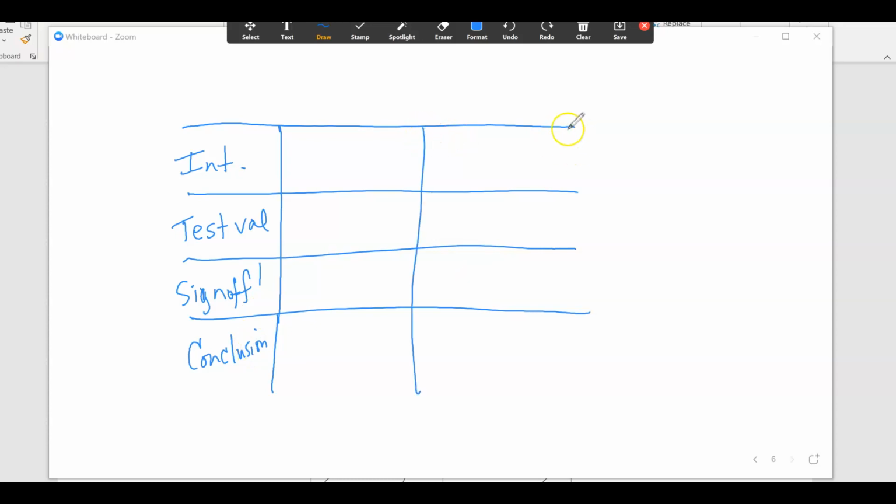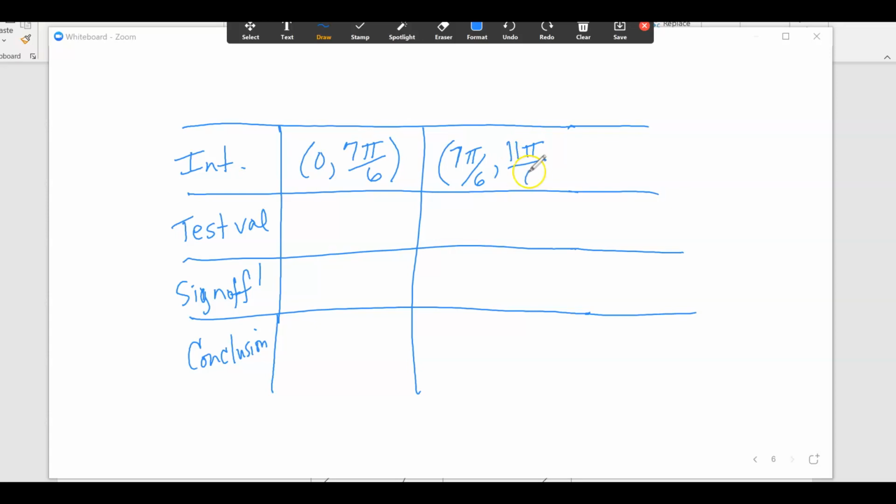Our intervals in this case, because it gives us an interval from 0 to 2 pi, are going to be from 0 to 7 pi over 6, and then from 7 pi over 6 to 11 pi over 6, and then from 11 pi over 6 to 2 pi.